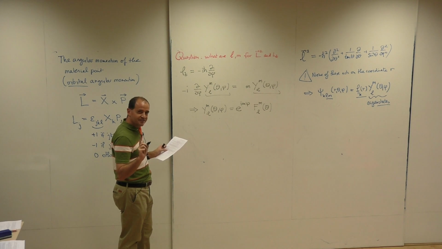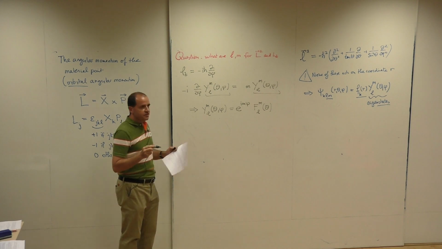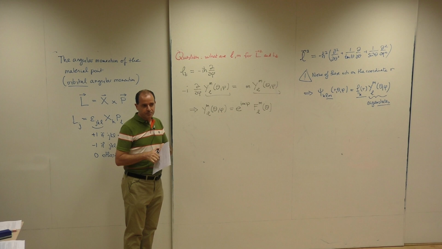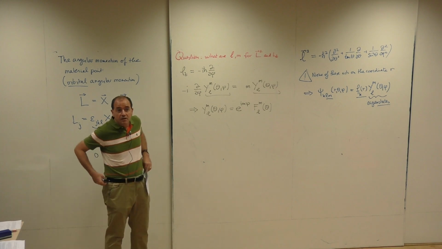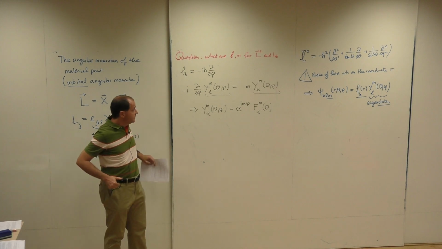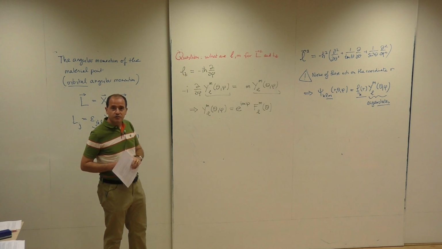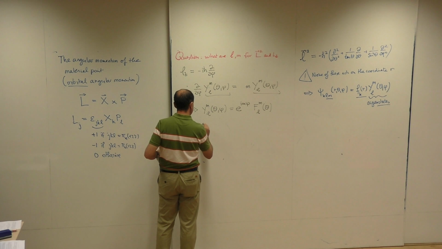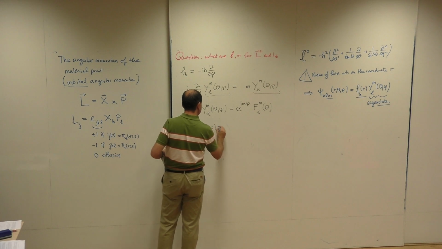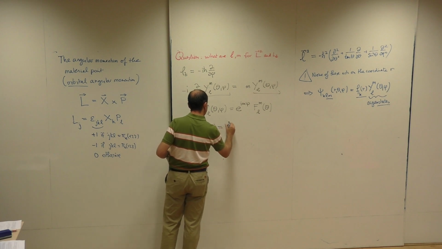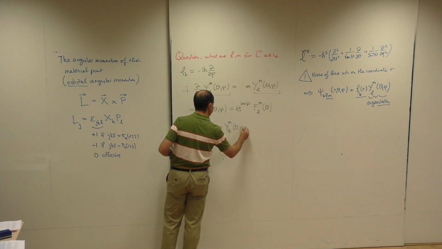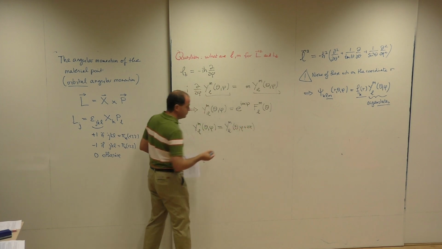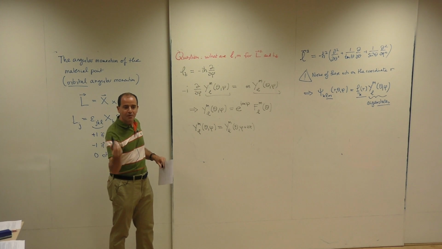But there's still something we have to do. Just as in the tutorial of chapter 4 about angular variables, the wave function must be single valued. So Y_L^m of theta and phi should be equal to Y_L^m of theta and phi plus 2 pi, because it's the same point.